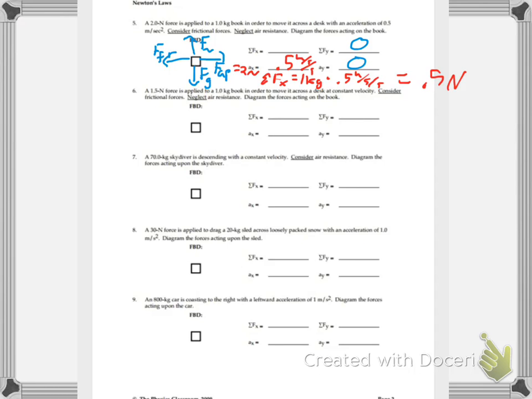So if the sum of the forces in X is 0.5, and we know that the force to the right is 2 newtons, by using this sum, where this 0.5 equals the forces to the right plus the forces to the left, if we know that our force to the right is 2 newtons, that means that our force to the left has to be negative 1.5 newtons.